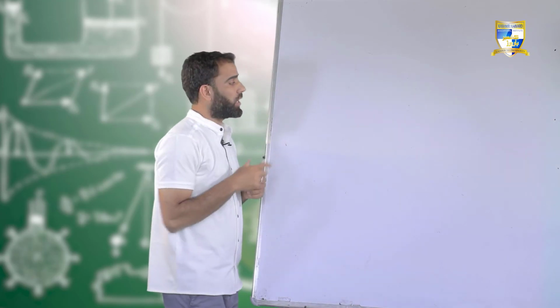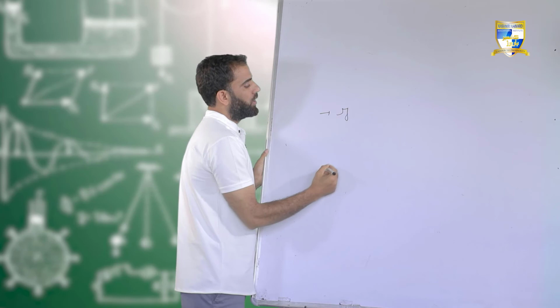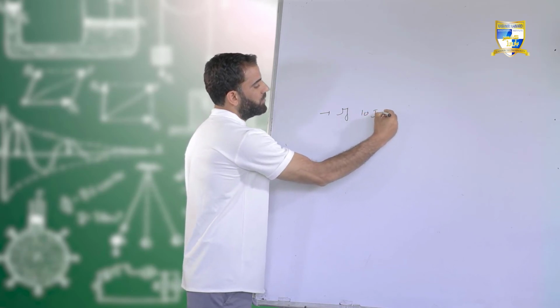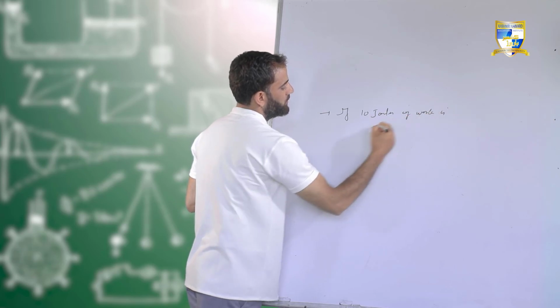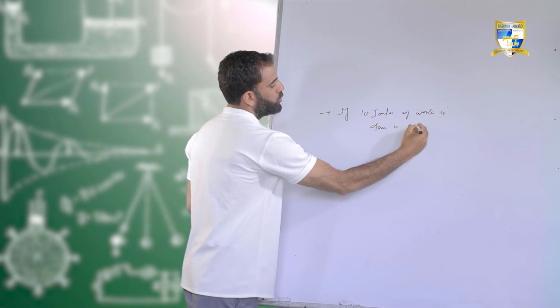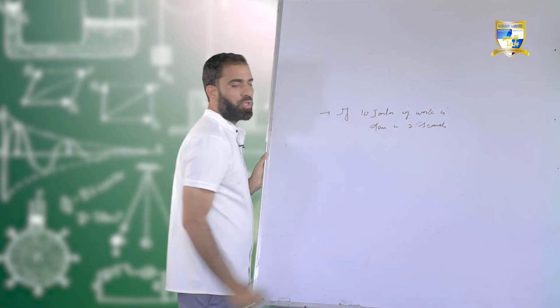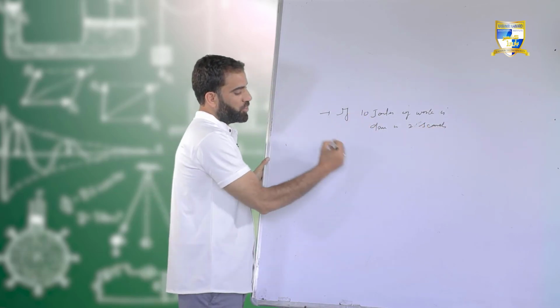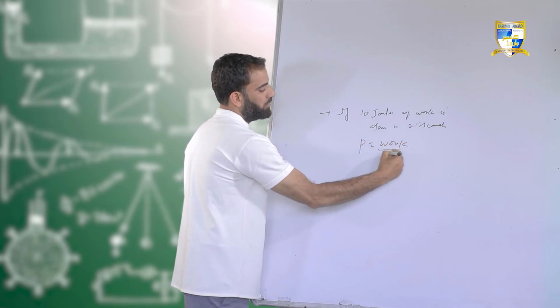Let us do one numerical on how to calculate power. See here, if 10 joule of work is done in 2 seconds, how are we going to calculate power here? We know that power equals work divided by time.